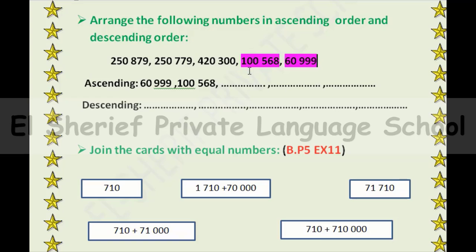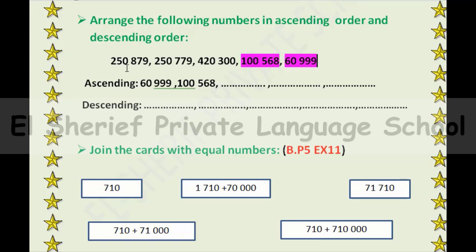And cancel 100,568. We will look at the remainder numbers. Here we have in the first one 250,879, and the second one also in the 100,000 place value, here we have 2, and in the first one we have 2, but in the third we have 4, so we put 4 away and look at the first and the second one. In 100,000 we have 2 and 2, so we look at 10,000, also we have 5 and 5.